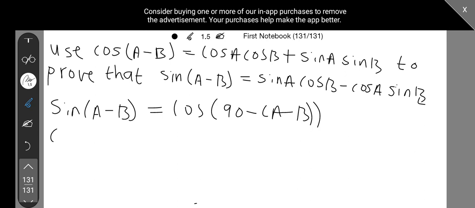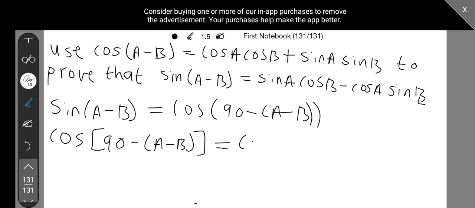And again we can say that cos(90 − (A − B)) is equal to the cosine of 90.